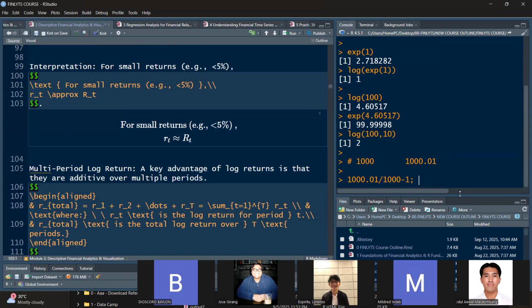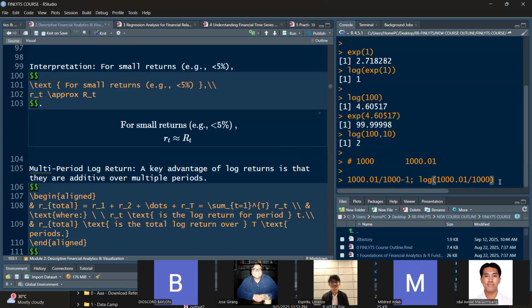And then for log returns, it's ln or log of the price at time t, Control C, Control V, divided by this one.